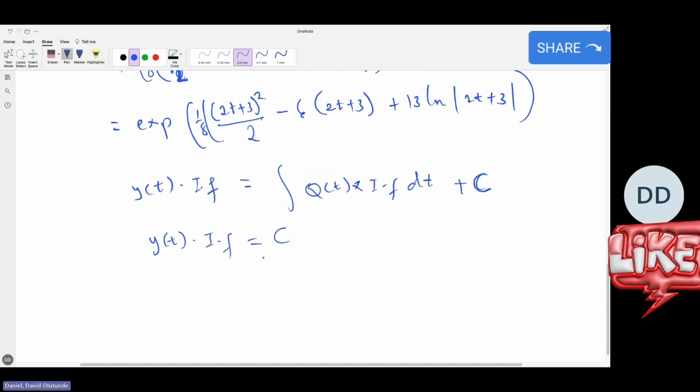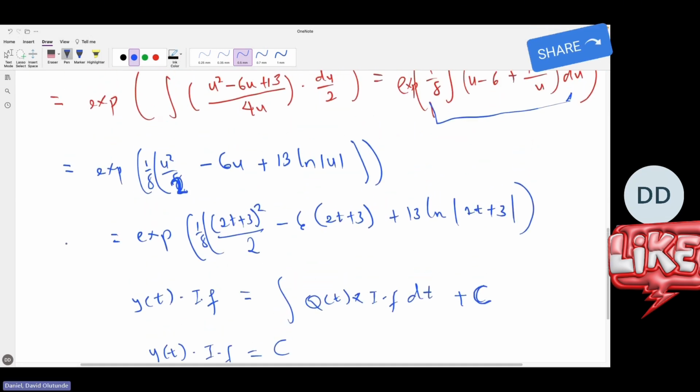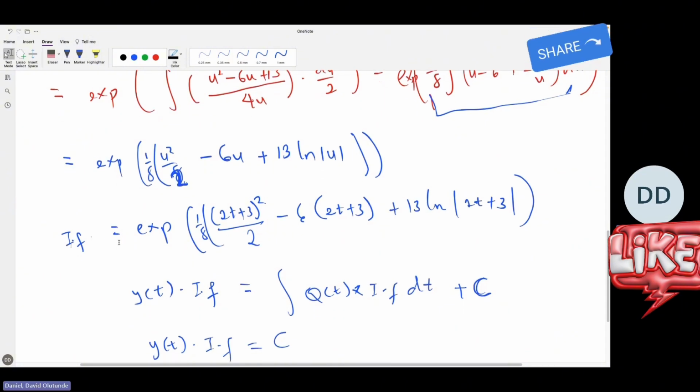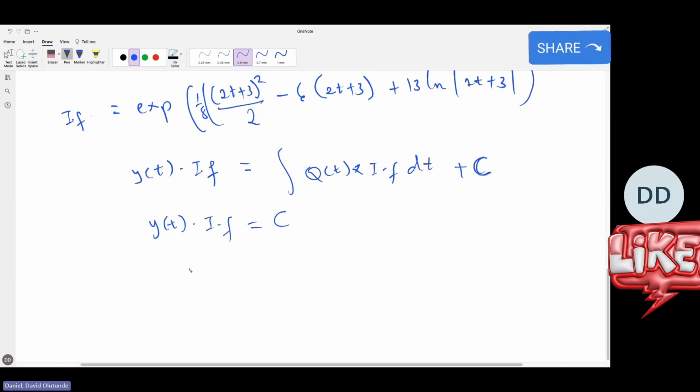And don't forget our integrating factor, this is our integrating factor, mu. So y of t equals c over the integrating factor mu, where mu equals this expression.